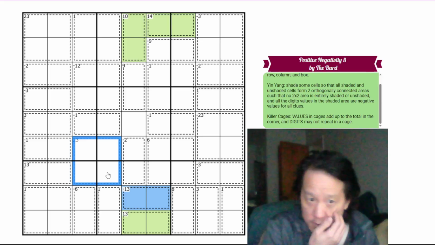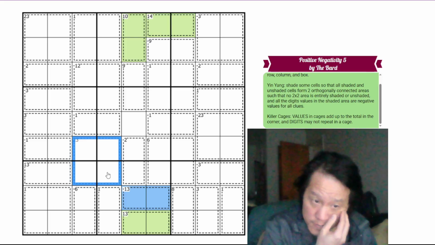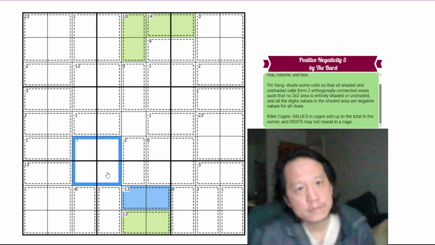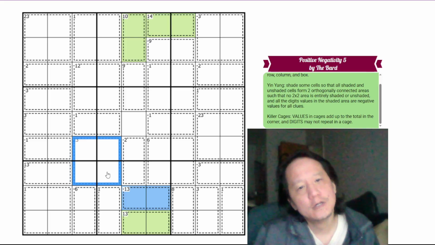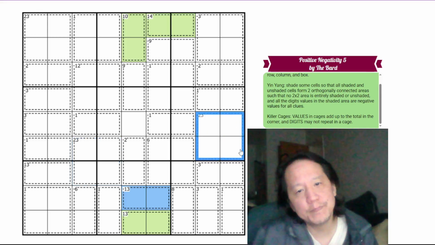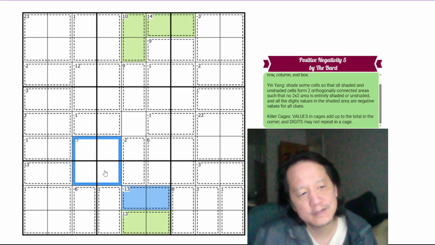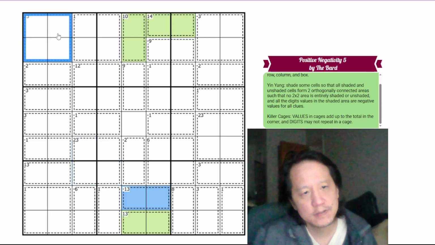23 is interesting. Oh. Any 2x2 box has to have at least one of the other shading. So if it's a 23 box, that means you have to have 3 that are unshaded and 1 that's shaded.